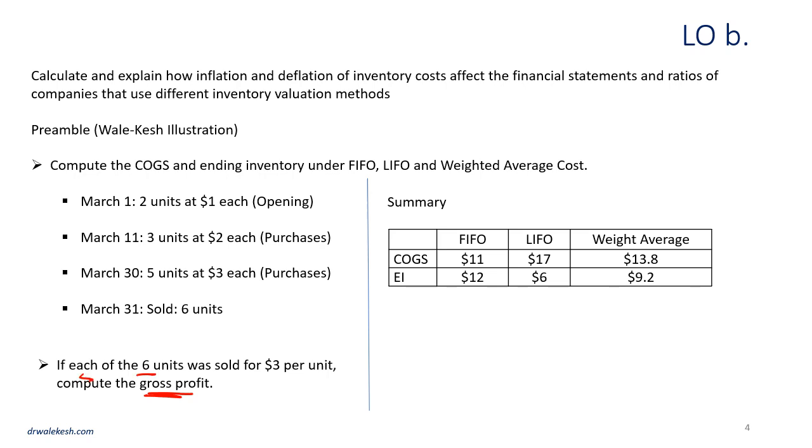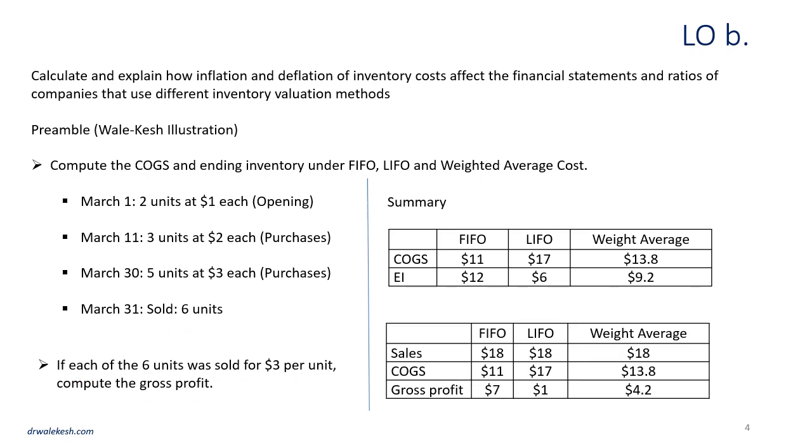If each of the 6 units sold was sold for $3 per unit, what is the gross profit? To compute the revenue, it will be 6 times 3. Since each of the units were sold for $3 per unit, that means the revenue would be $18.